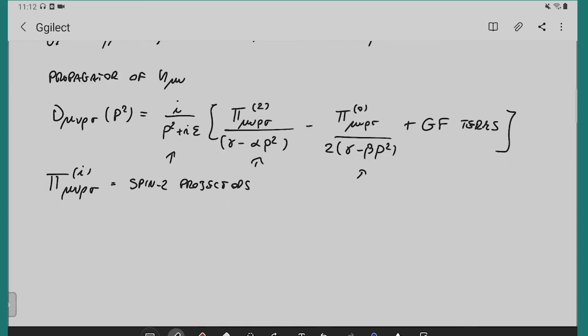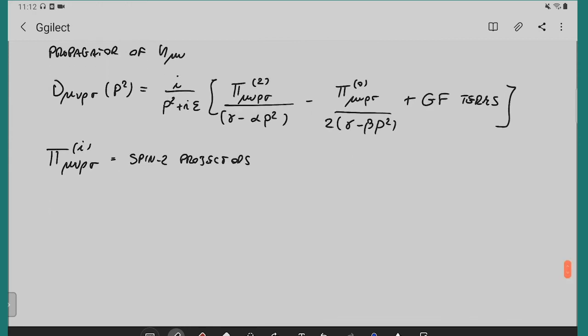As I mentioned yesterday, when you have a higher derivative propagator, you can always decompose it as a sum of simple fractions. So let me rewrite this propagator in a better form.